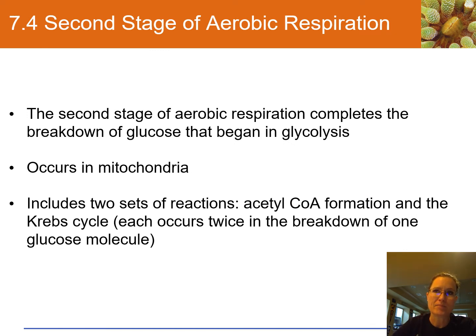And then once we get the 2 3-carbon sugars, which are called pyruvic acid or pyruvate, they go into the mitochondria, and then we break those down in the second one. Sometimes you'll see it as the Krebs cycle. I usually call it the citric acid cycle. It's a cycle, which means there's going to be a circle, which means we are going to regenerate something that we are going to use.